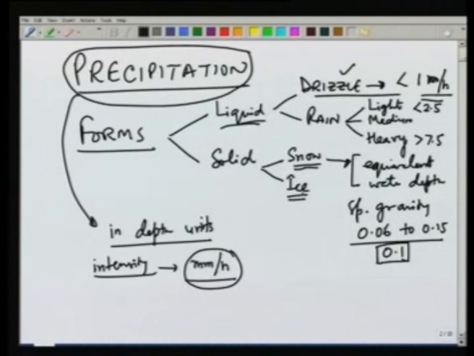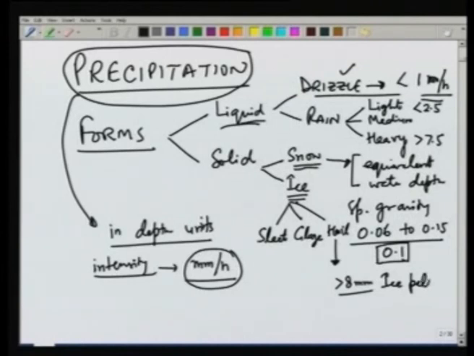Ice, again this is not very common under Indian conditions, but we can have various different kinds in ice also. For example, we can have sleet, glaze and hail. Hail has ice pellets which are typically greater than 8 millimeter size.